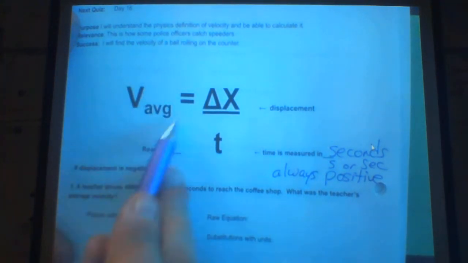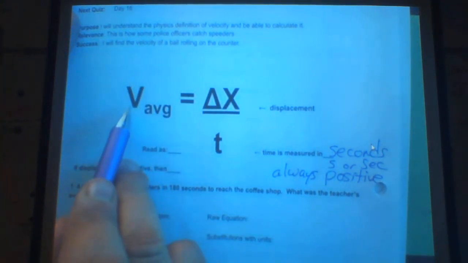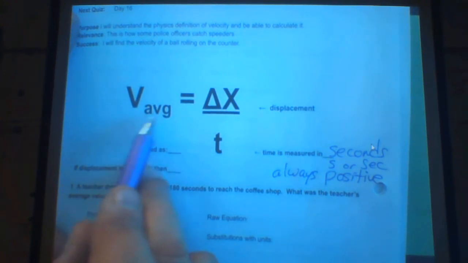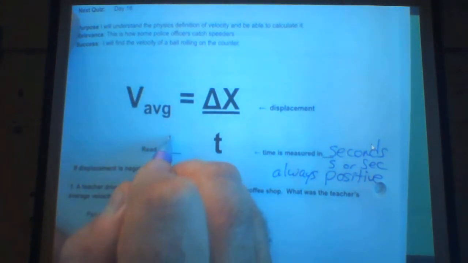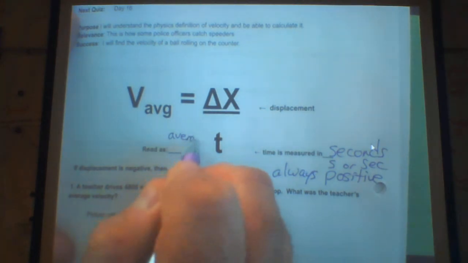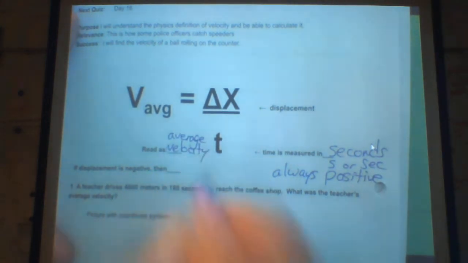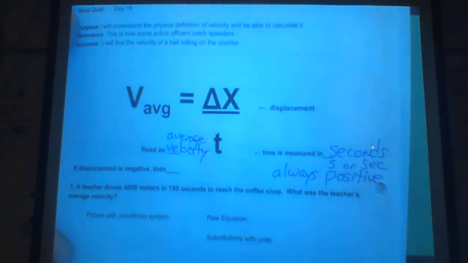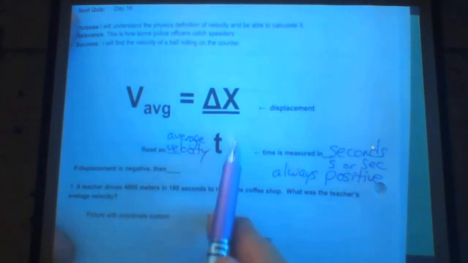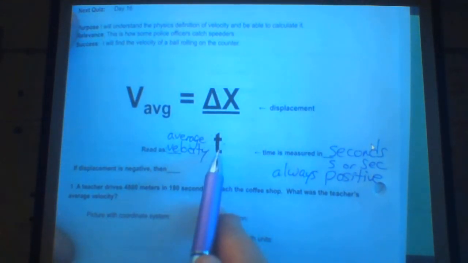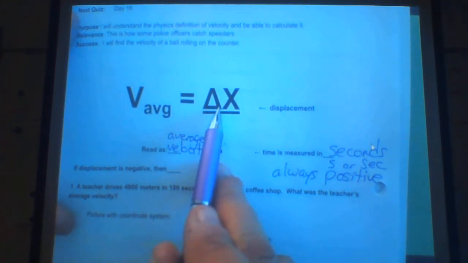Okay, so the average velocity has this symbol, v with a subscript AVG. We read that as average velocity. So t, the time, is always positive, but the displacement can be sometimes positive, sometimes negative.